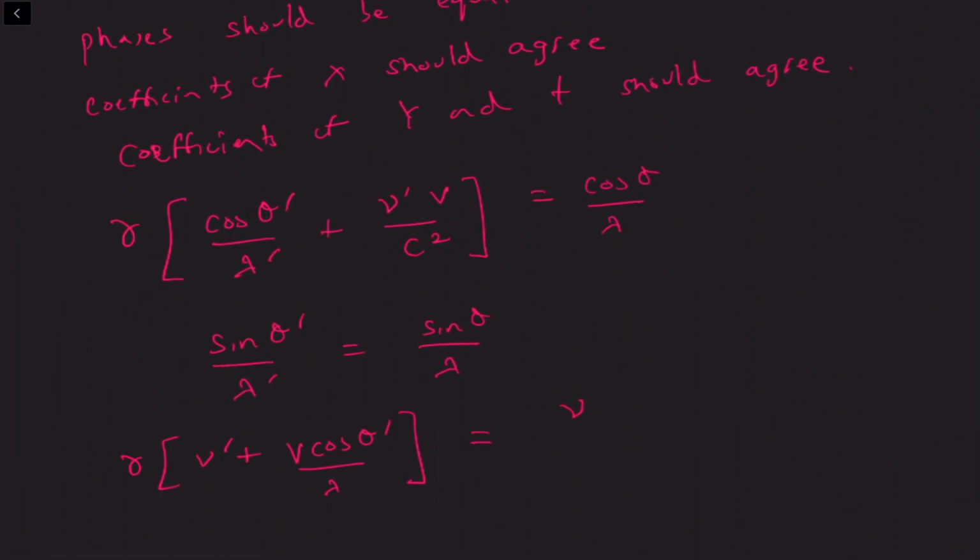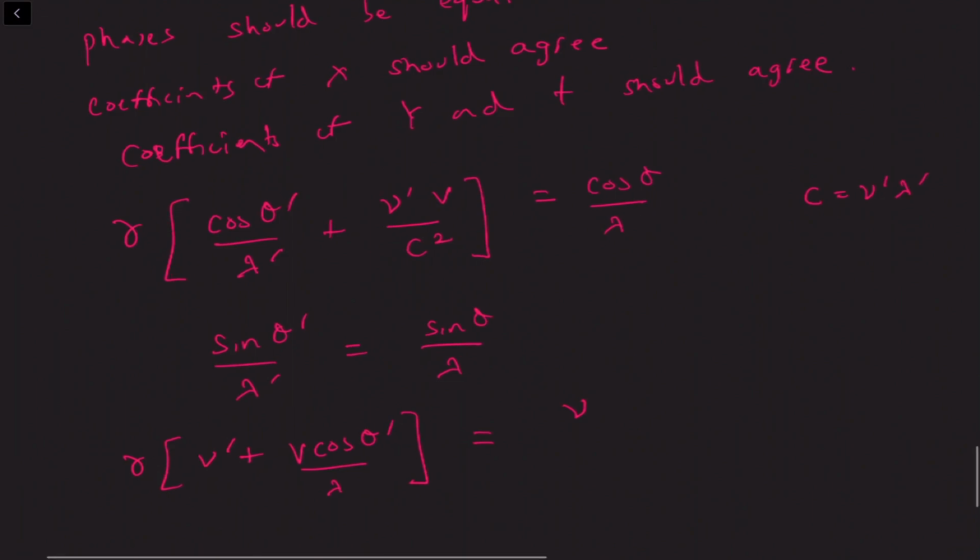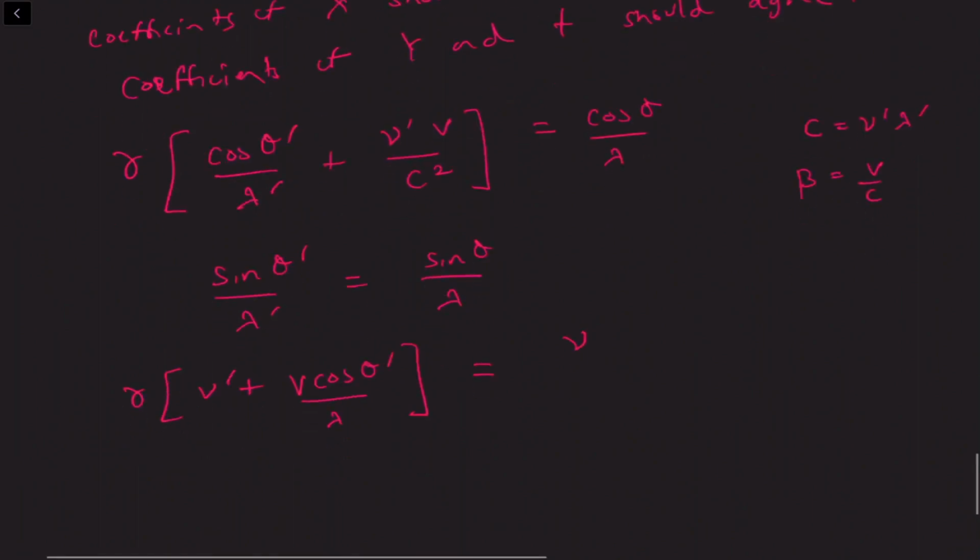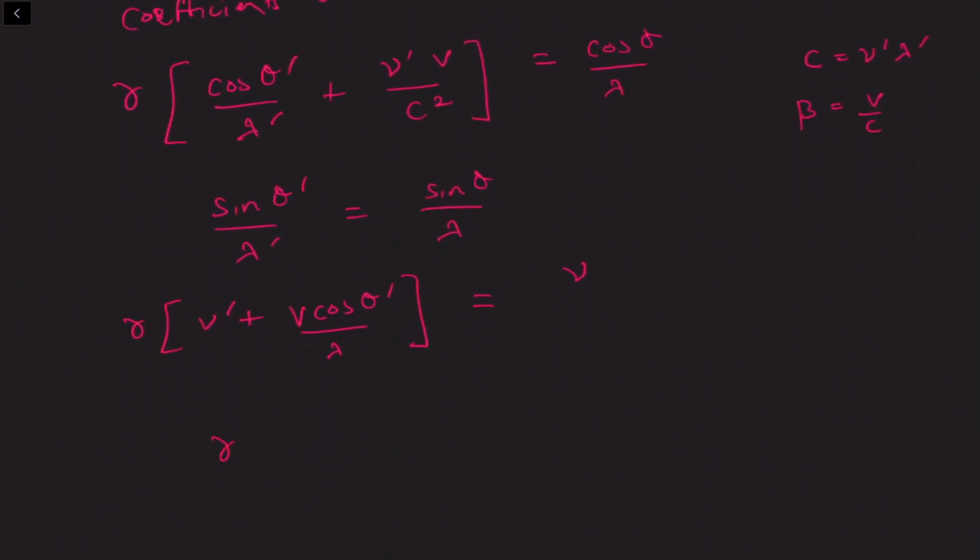And now we can use relationships between nu prime and lambda prime. So using the fact that c is equal to nu prime lambda prime, and using the definition of beta, which is v by c, we can rewrite these equations in the form gamma times cosine theta prime over lambda prime plus beta over lambda prime.